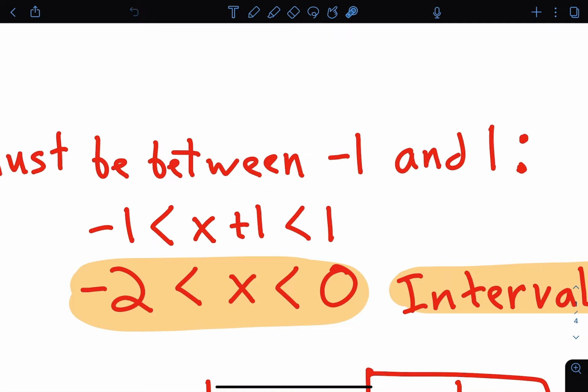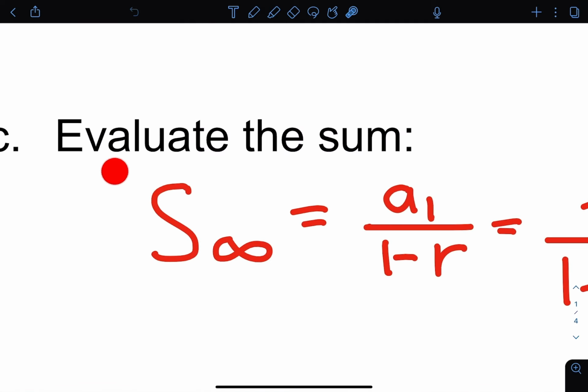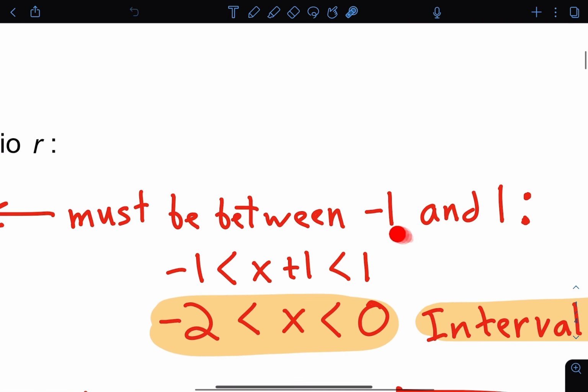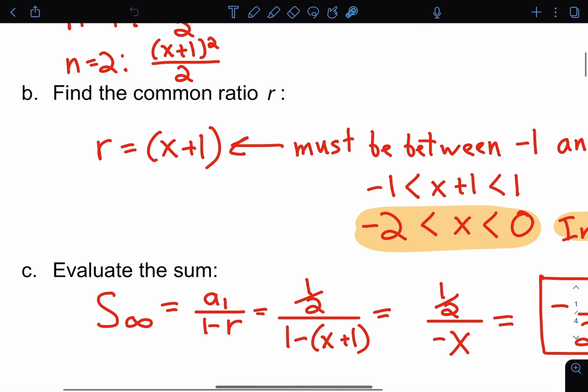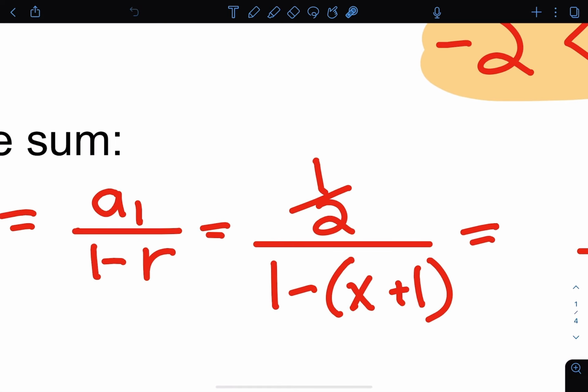Now, what does it converge to? Well, again, we have a formula for this. What is the sum of an infinite geometric series? It is a sub 1 over 1 minus r, again, given that r is between -1 and +1. Okay, so a sub 1 we already found, r we've already established.